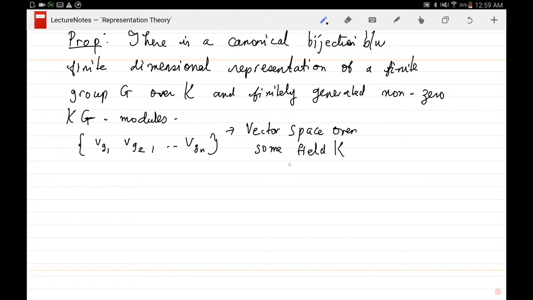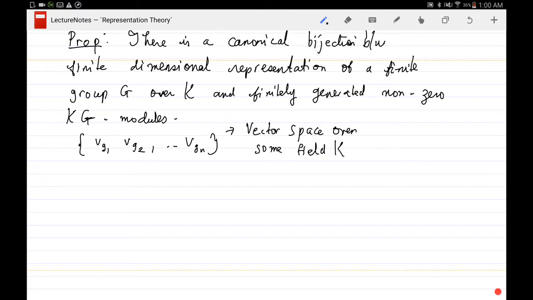And of course we also had a mapping from the group to GL(V), which could act on this set. We can then create linear combinations of these vectors, and we can have the representation act on these vectors.